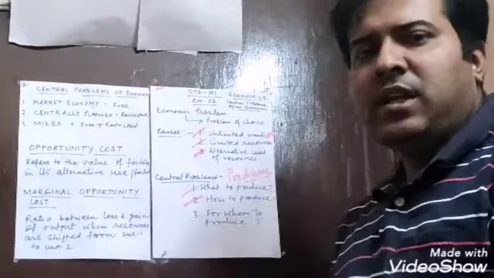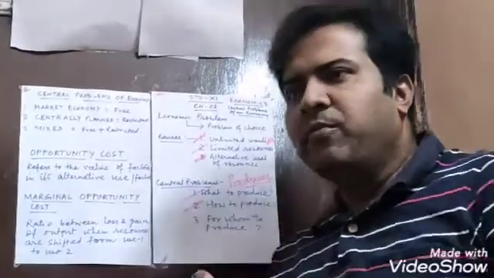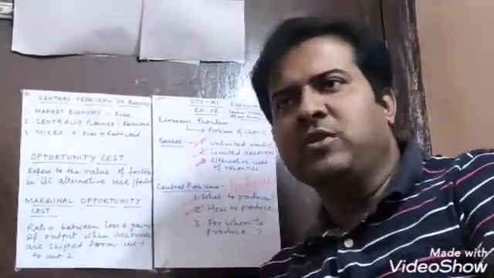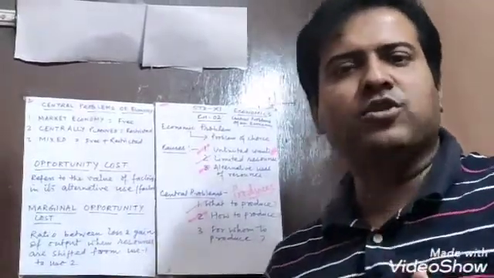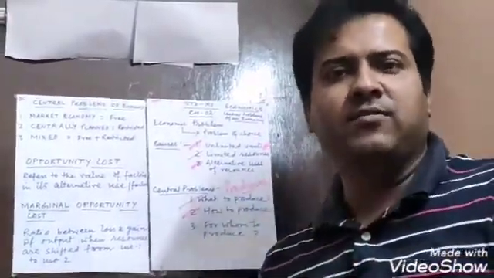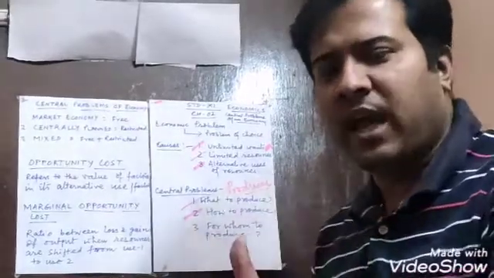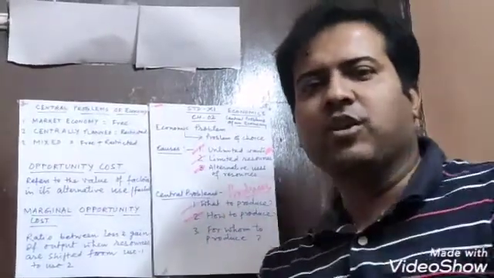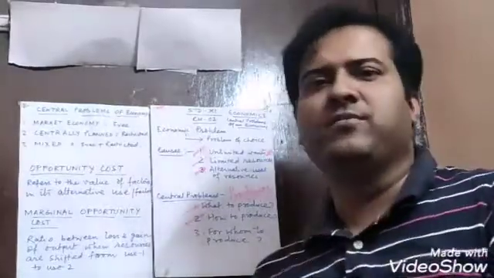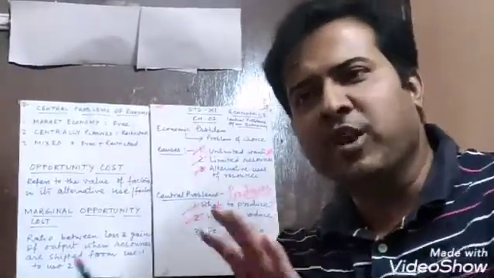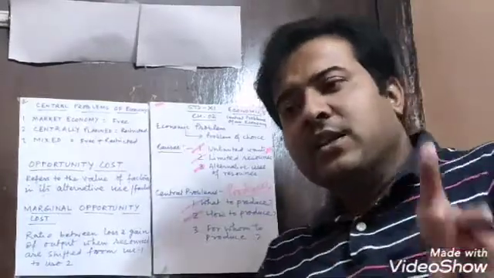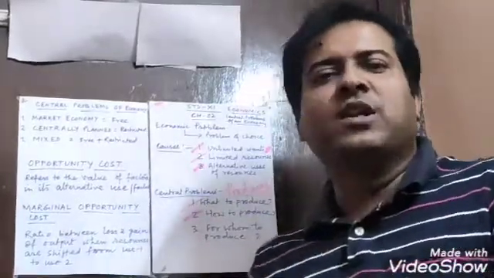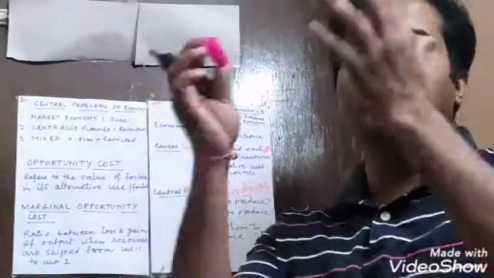In a country like India, if more and more emphasis is given to the labor intensive technique, then the cost of production will be high. Commodities cannot be available at a cheap price because the cost of labor is very high. It may happen that the unemployment problem will be solved to a large extent, but simultaneously one problem will come, that is the cost of production will become high.